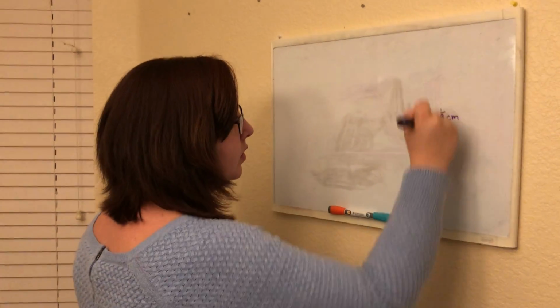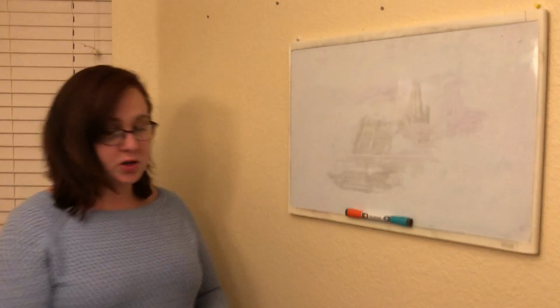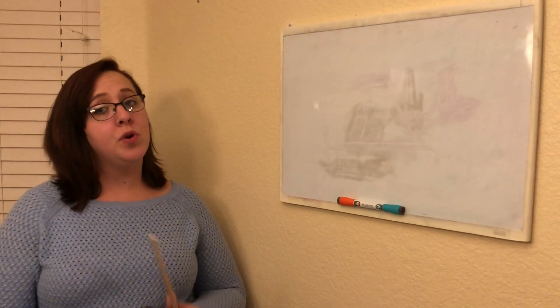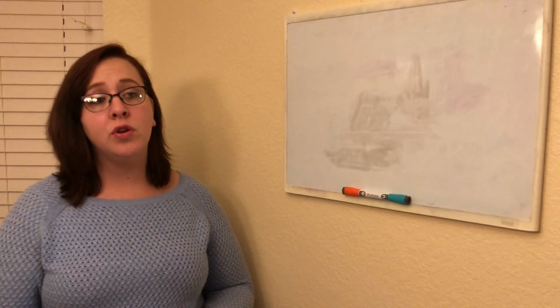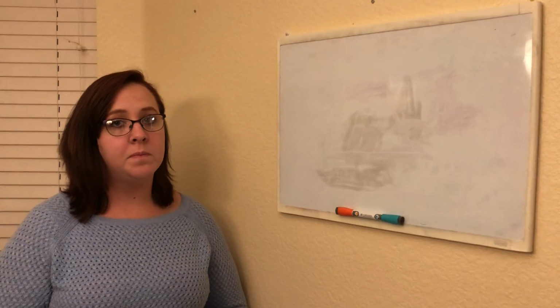Let's do a circle. We can't do a circle, and here's why. Does a circle have any straight sides? No. Well, we can't find the perimeter of a circle right now. You'll learn how to do that later on in school, like 8th or 9th grade.